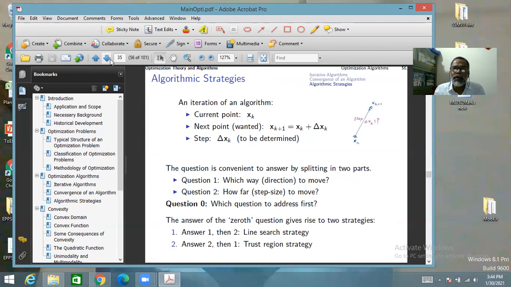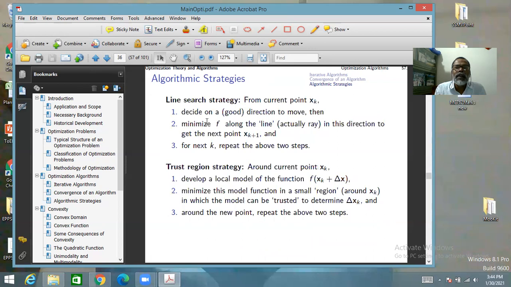What is the sense of these two? From the current point xk, first decide on a good direction to move in which you expect improvement. Once you have decided on the direction, your function constrained to move along that direction is a function of a single variable. How far in that direction?